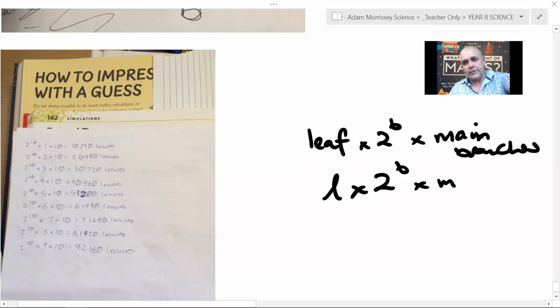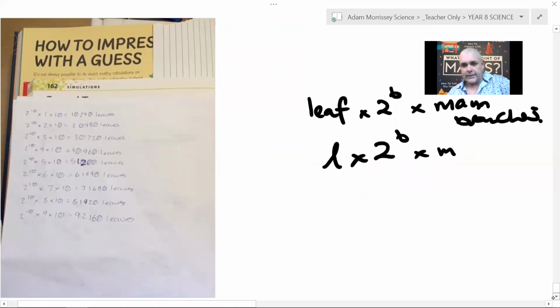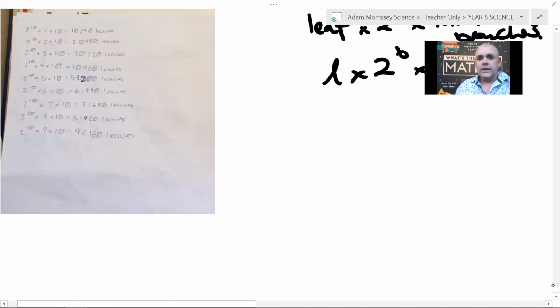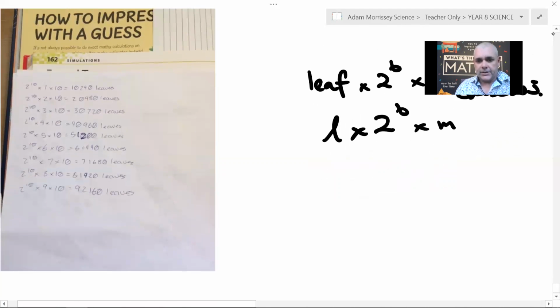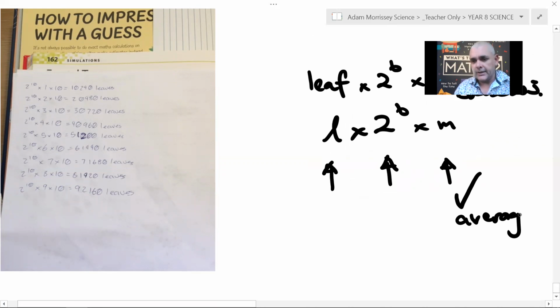And the final bit of work here is really interesting, because this is what I asked the students to do next: which one of these variables is going to be the most critical in your answer. It's easy. They find they can count up the main branches of the trees quite accurately, and they're using some knowledge of average here.